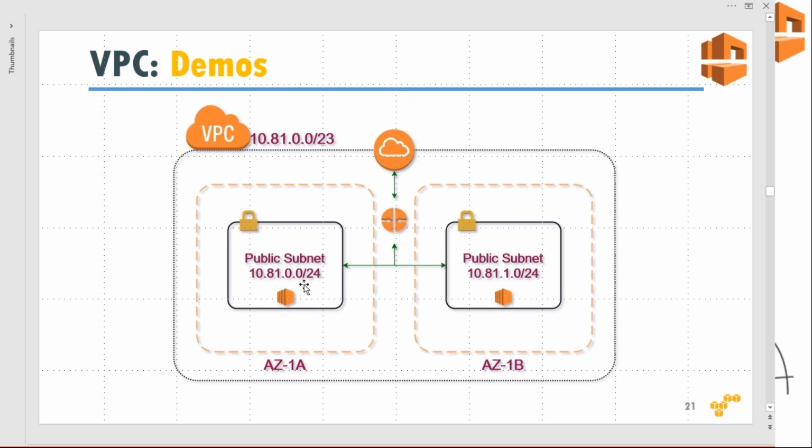This diagram is for the next demo that we are going to see. We also have an internet gateway attached. This is nothing but a VPC router. So all the traffic from this server goes to my internet like this. I'm going to start an instance and see whether it is going to work or not.